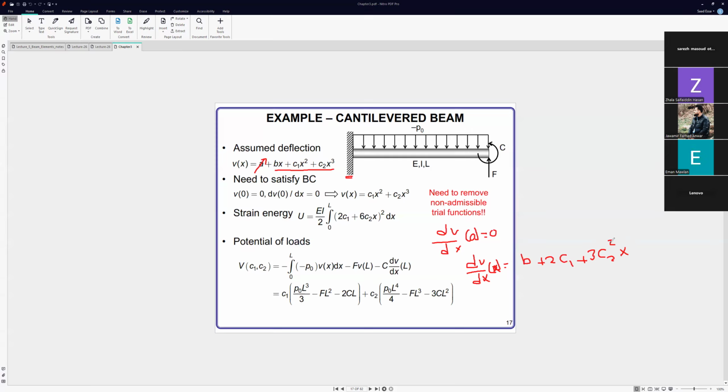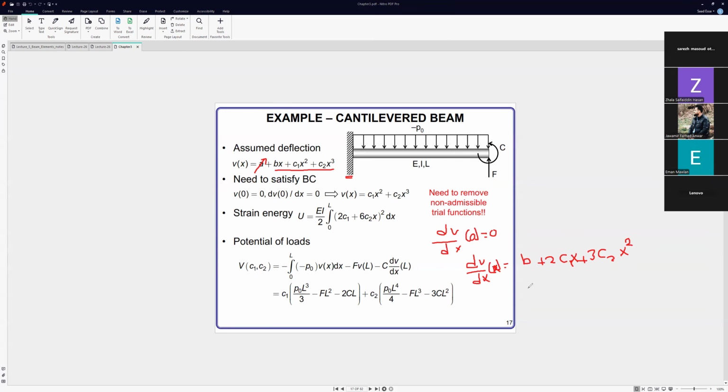I'm sorry, C2x squared. Okay, 2C1x plus 3C2x squared. This is this one.